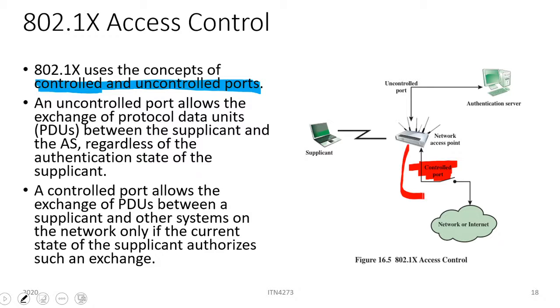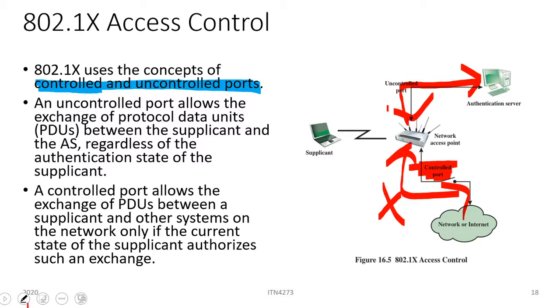So if that is already allowed, that flow can happen, otherwise it will not be allowed. Whereas if it is an uncontrolled port, then that flow of traffic would still be allowed.